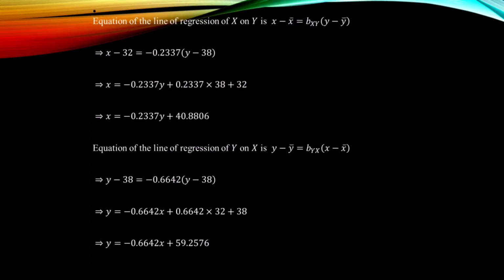This is the equation of line of regression of x on y. Next, let us find the equation of line of regression of y on x, which is y minus y bar equal to Byx into x minus x bar. Now, by substituting the known values, we have y is equal to minus 0.6642x plus 59.2576.